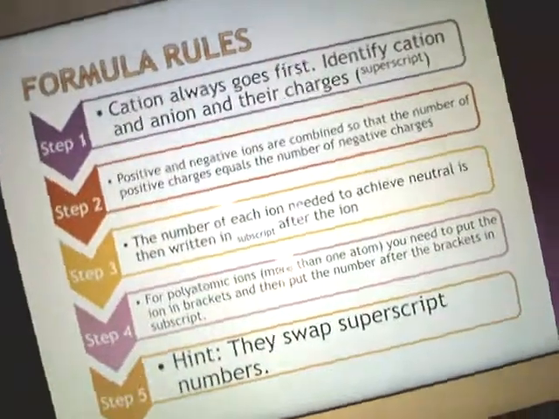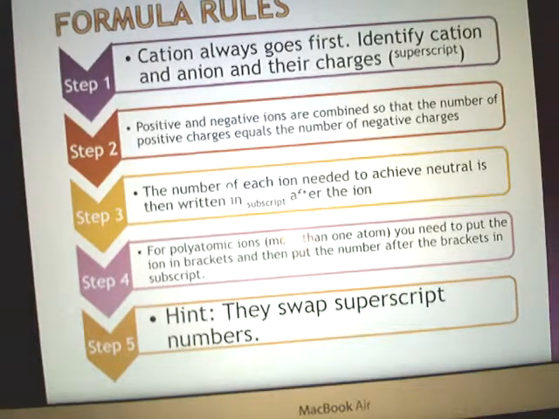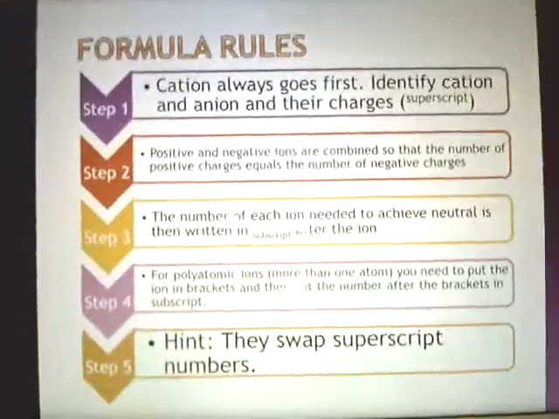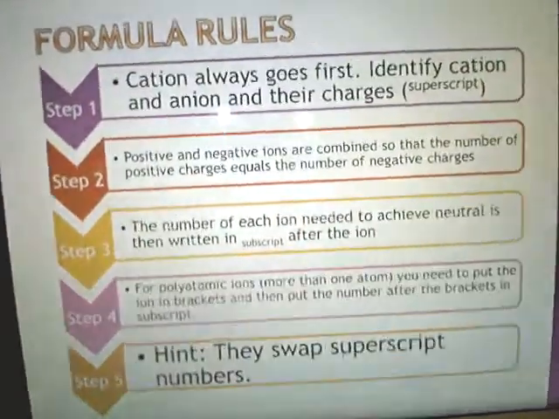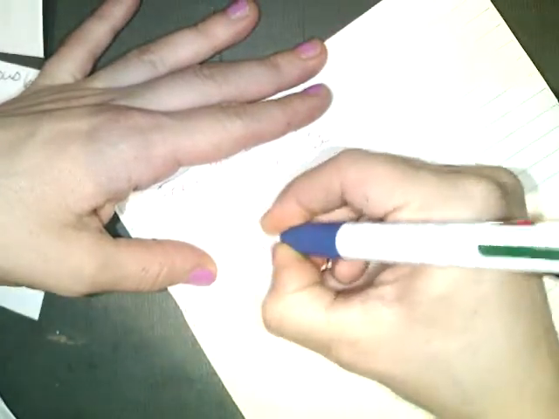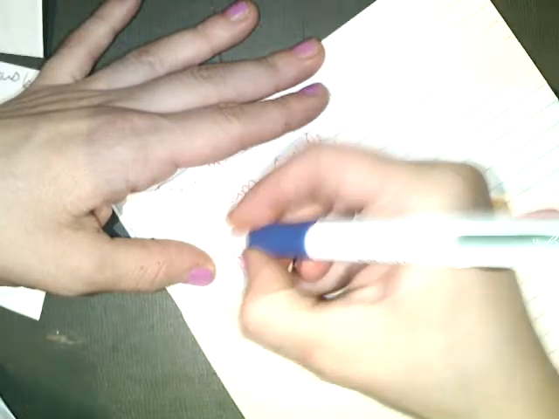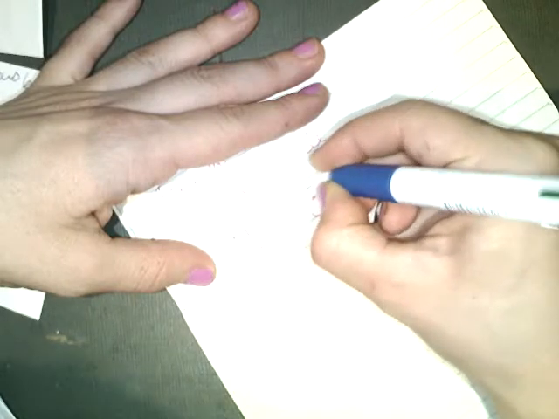First rule, cation always goes first. Identify your cation and anion and their charges. Their charges are in superscript, up the top. So, sodium oxide. Our cation is Na+ and our anion is O2-. Okay, now our charges are +1 and -2.